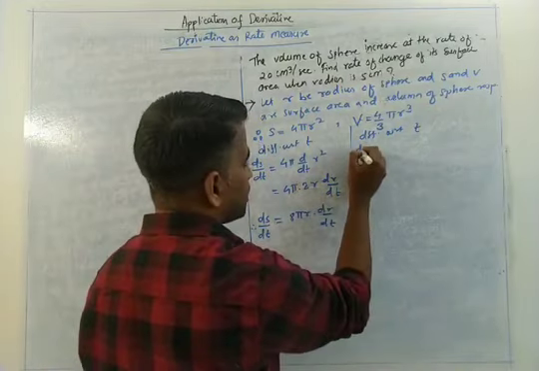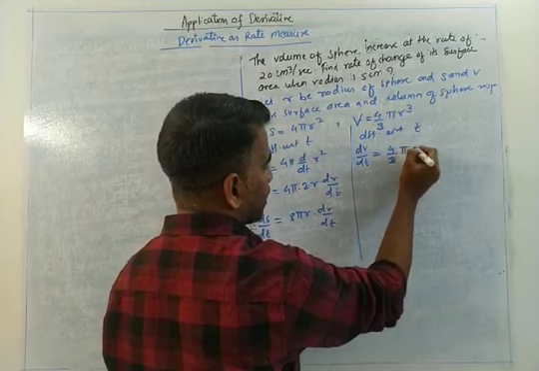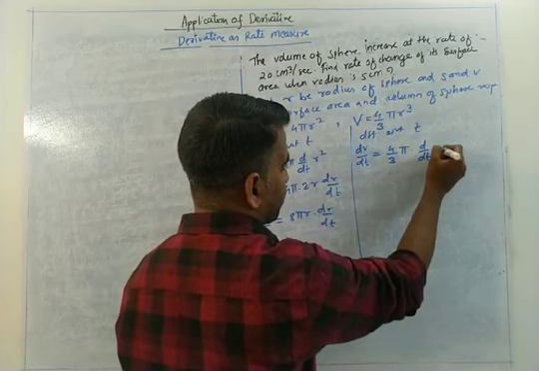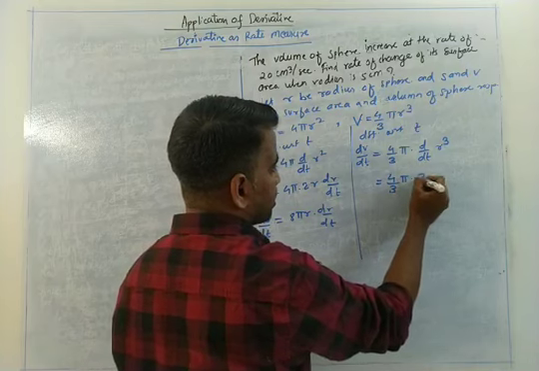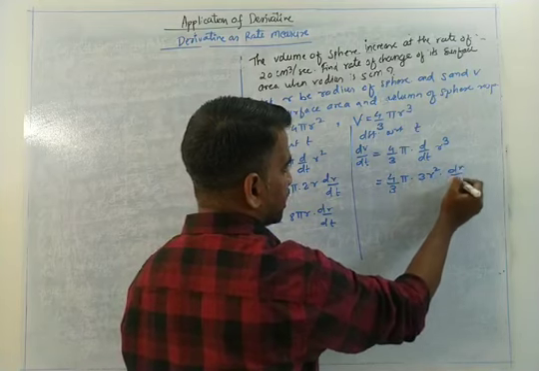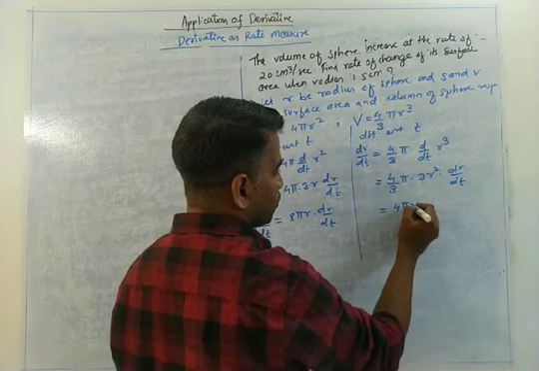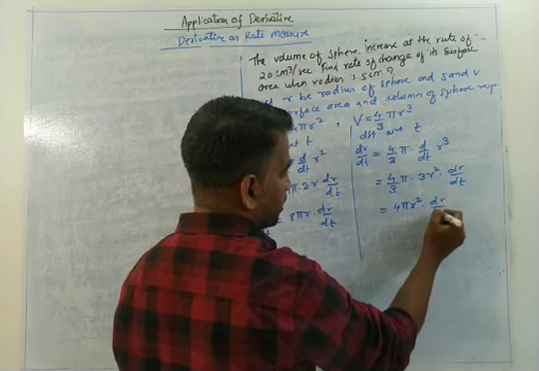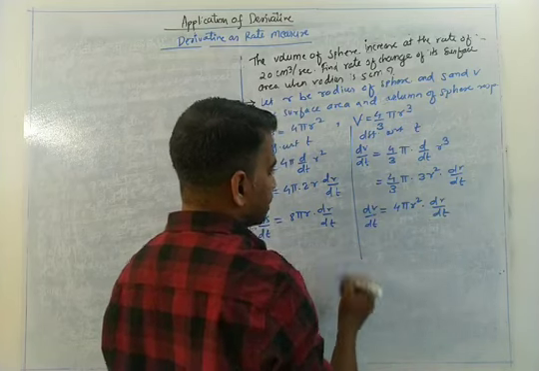In a similar way, dV by dt is equal to 4 by 3 pi d by dt of r cube. So 4 by 3 pi 3r square dr by dt, the 3 gets cancelled, is 4 pi r square dr by dt. This is the value of dV by dt.